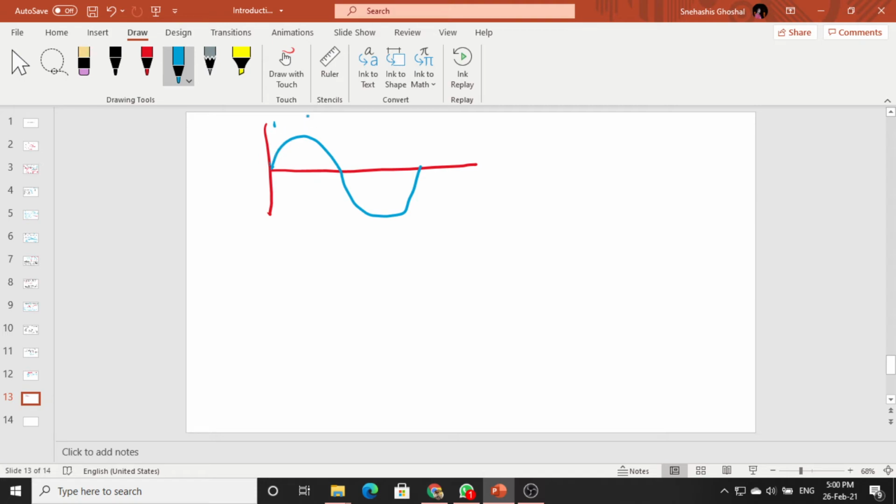Now, you see, at each point, if I do the phasor diagram, theta over here, magnitude over here, so that will be a phasor diagram. So at each point, some magnitude is there. With respect to one particular instant, some magnitude points are there.